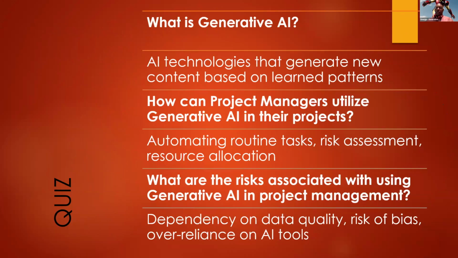Next, what are the risks associated with using generative AI in project management? It depends on the quality of the data, the risk of bias, and over-reliance on AI tools. Just recognize that these are tools, not an end-all as far as AI is concerned.